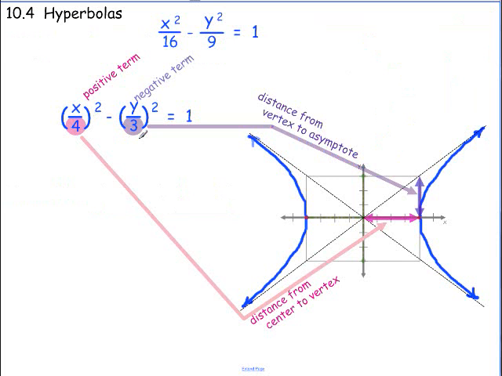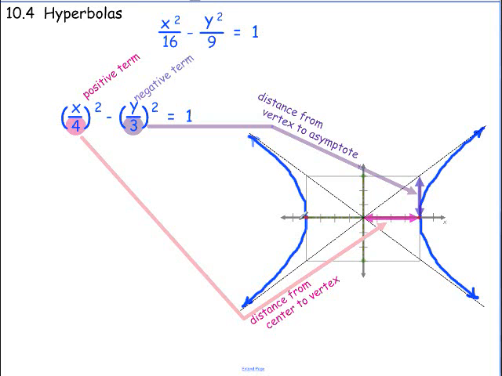Here's the one we were working on, the positive term right here. We have a 4. That's the semi-axis, the transverse semi-axis. The 3 determines the conjugate axis, and to be specific, the semi-conjugate axis, or half of it.